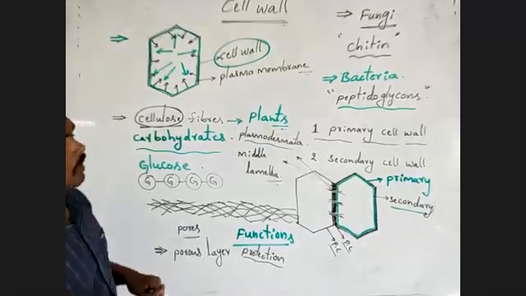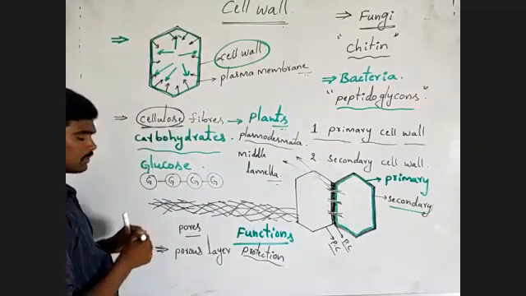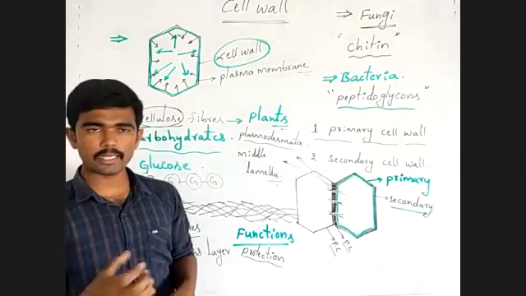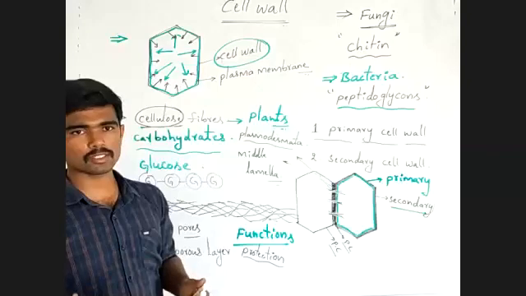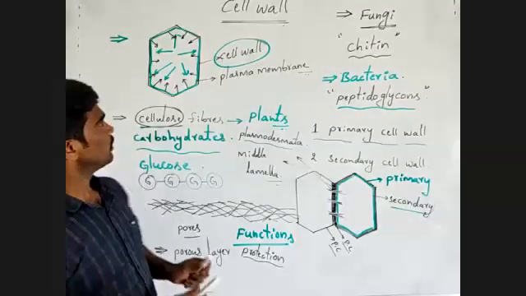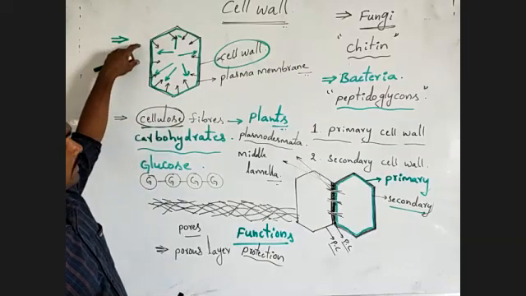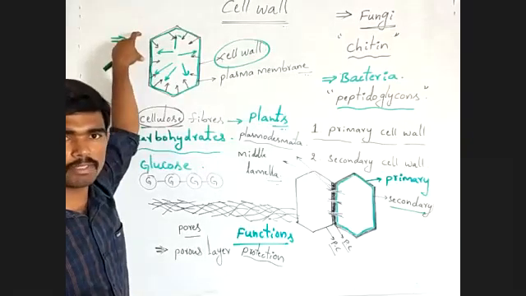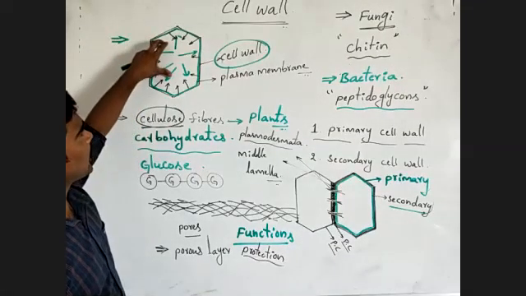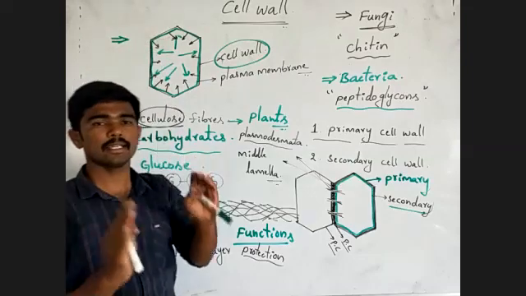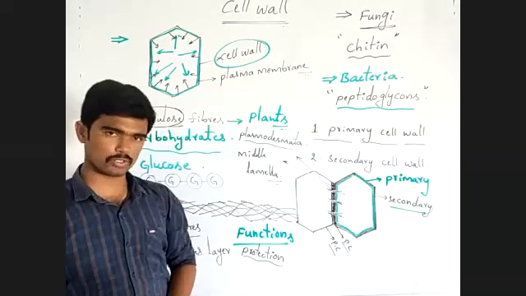That is why plant cells are very stable ones. They can withstand high pressure. When we keep a plant cell in hypotonic solution, meaning low concentrated solution, what will happen? The plant cell can resist, survive, and withstand in that solution.